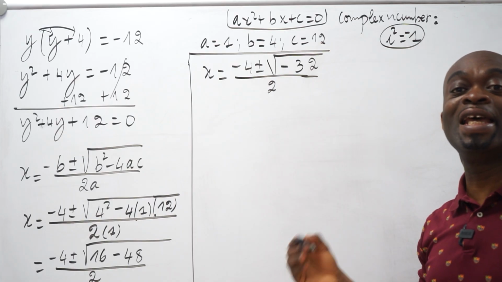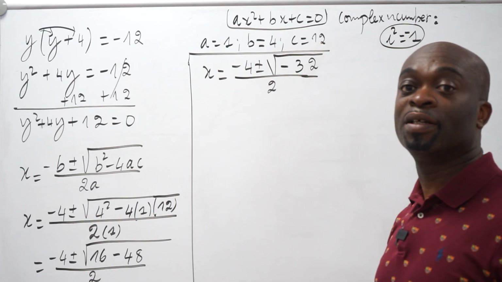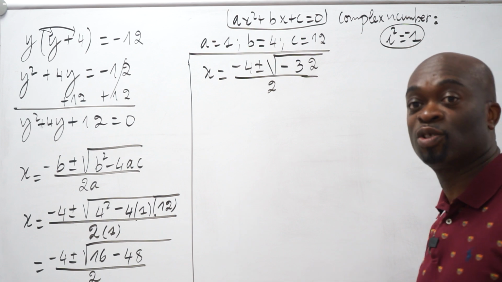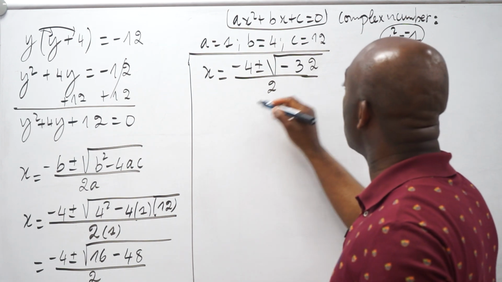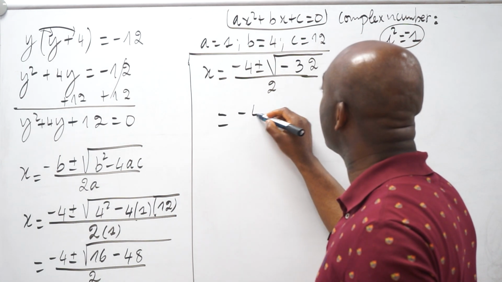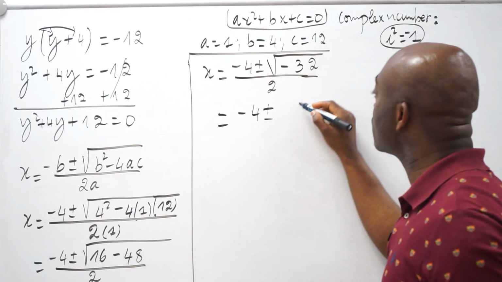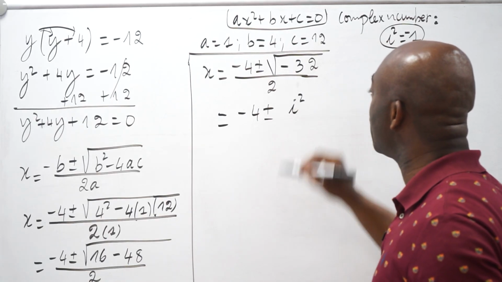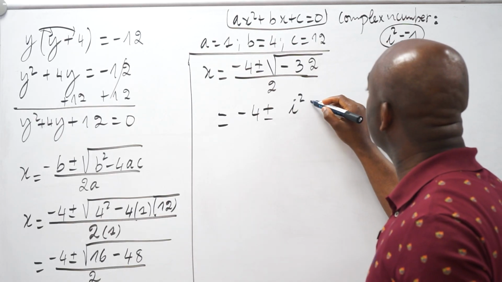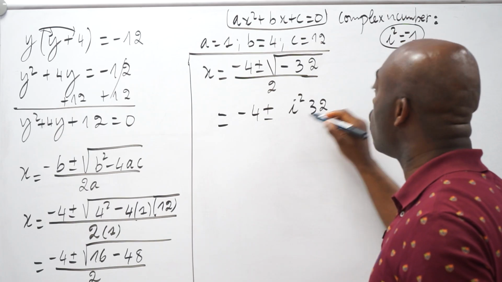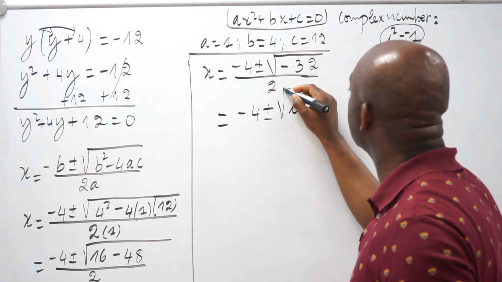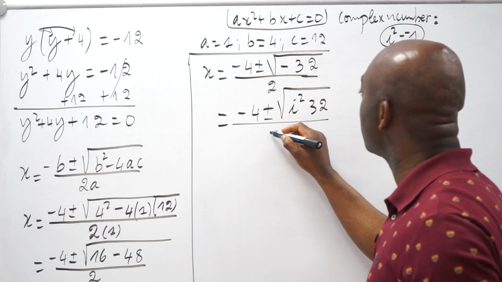Whenever we see a negative sign, we have to replace that with i squared. So we have negative 4 plus or minus the square root of 32 i squared, over 2.